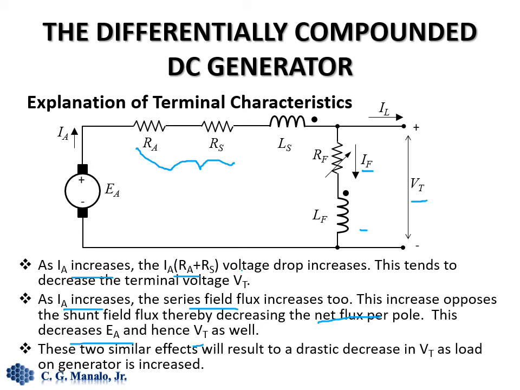So both the voltage drop and the increasing series field flux will have a decreasing effect on the terminal voltage, and the combination of the two will have a drastic decrease on the overall terminal voltage, and thus the terminal characteristics that we have seen on the previous slide.